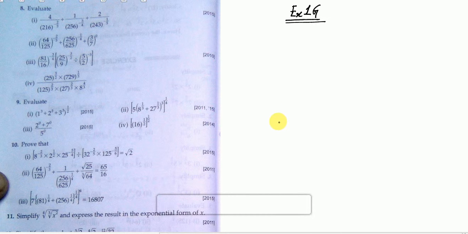Today we are going to solve the numericals of exercise 1G of number systems, class 8.